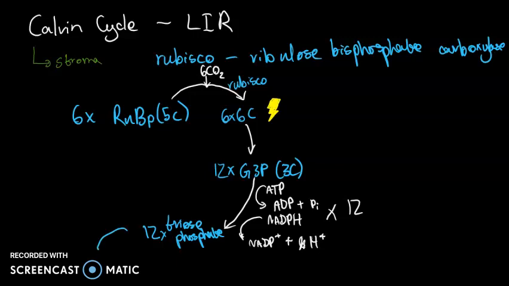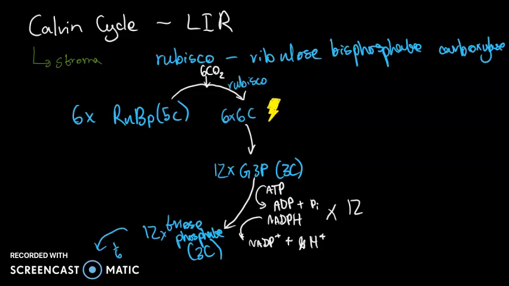For the purpose of this, 1/6 of the 12 triose phosphates go into making glucose. Each triose phosphate hasn't lost any carbons in this process with ATP and NADPH, so it's still 3 carbon, just a different form. We need to make glucose, which is a 6 carbon compound.